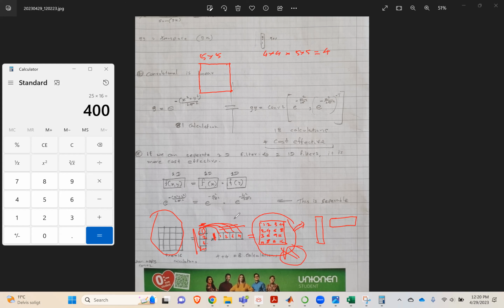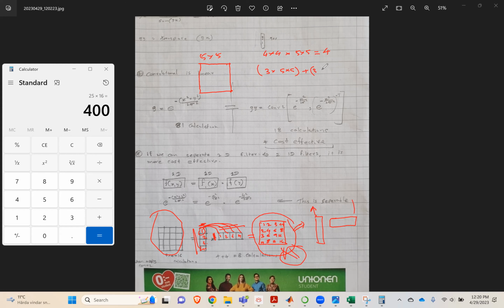Okay. So if you have it, now we'll do the calculation. We'll apply this filter first. So your filter size is 4, and you are multiplying with this 5 by 5. For that result, what's the size of your result? It's the same size, right? You will get the same size image. So for that one, you are doing the calculation again for the second filter.